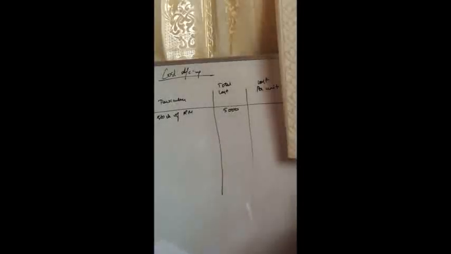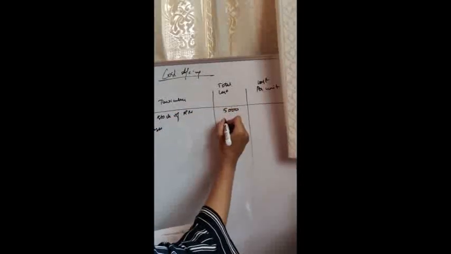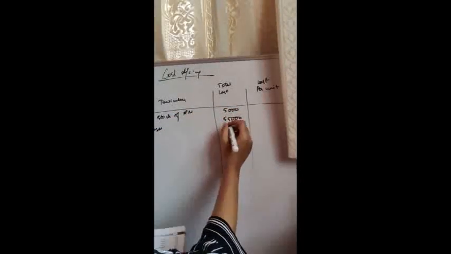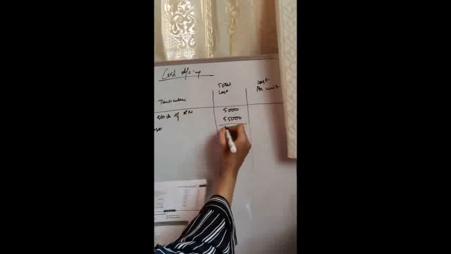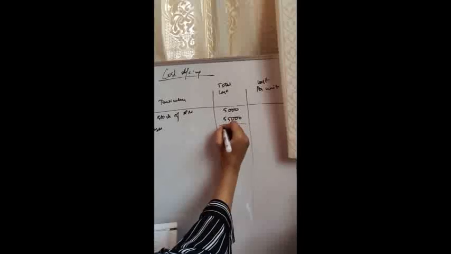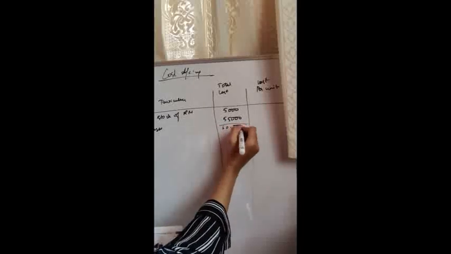You need to add your purchases to opening stock, that is 55,000. What will you get from opening stock and purchases? You will get your raw materials that are consumed. Taking 5,000 and 55,000, you will get 60,000.